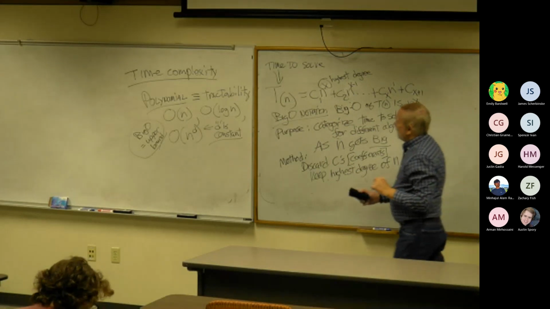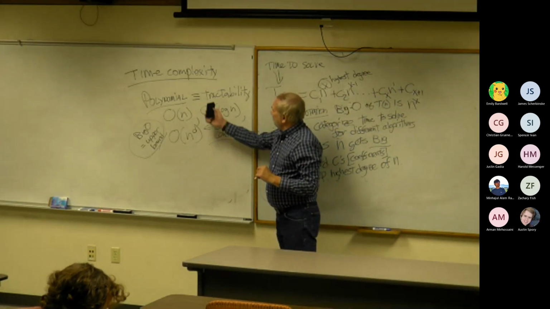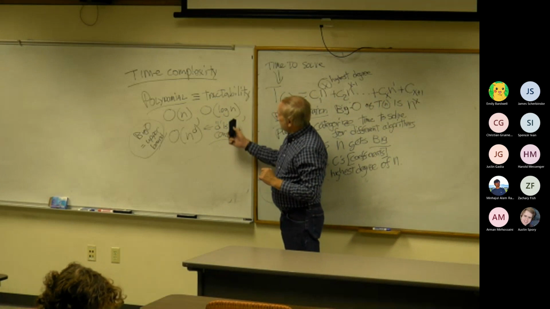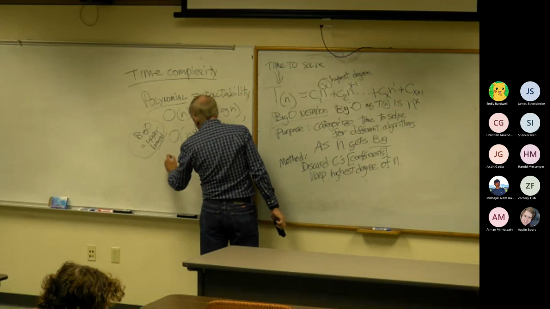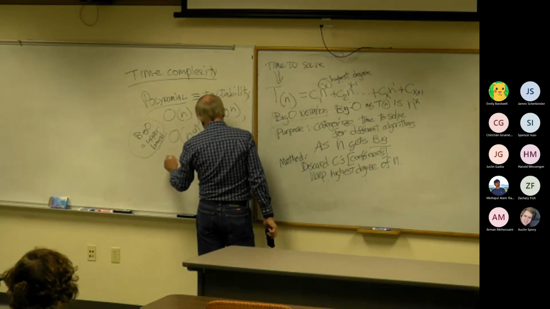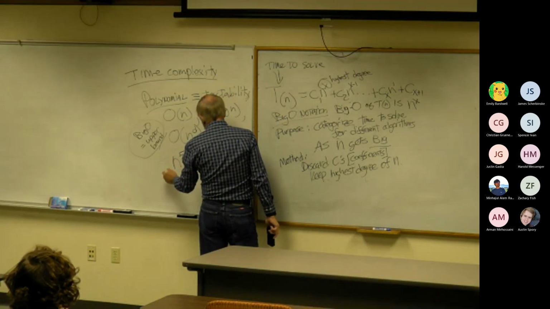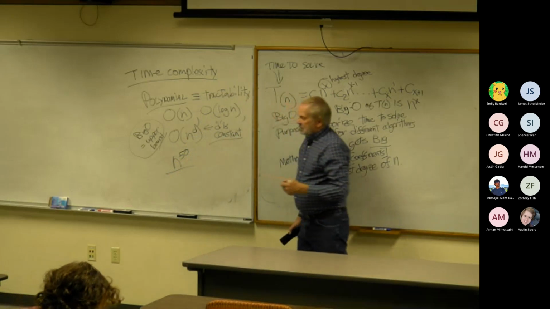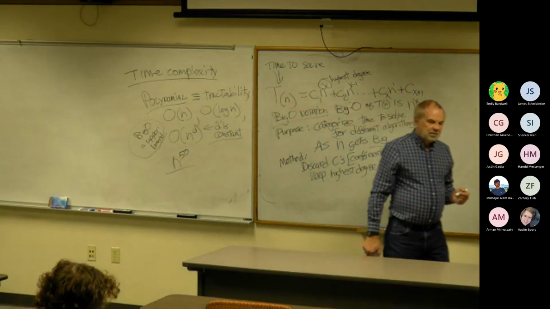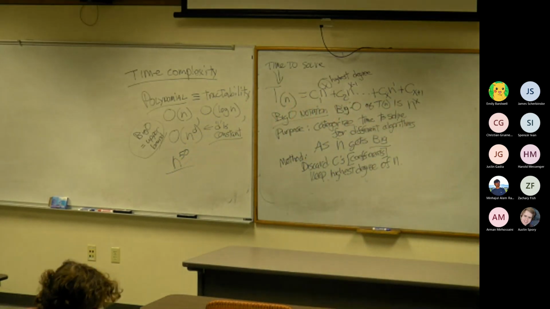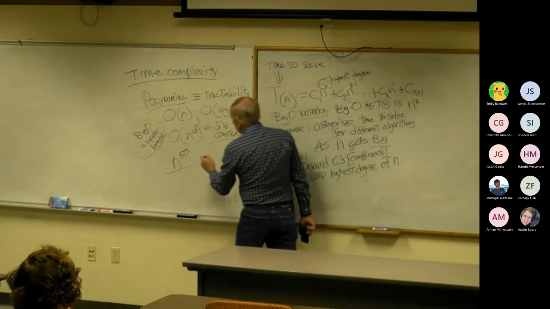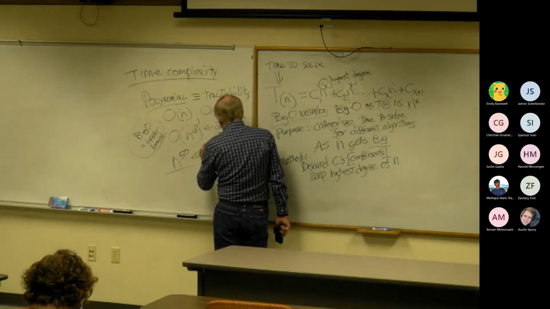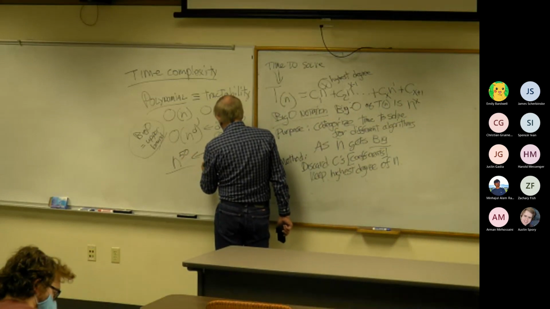All right, so polynomial time complexities are still in the world of tractability. What if I have n to the 50th power? That sounds pretty bad, right? But it's still tractable in our definition.